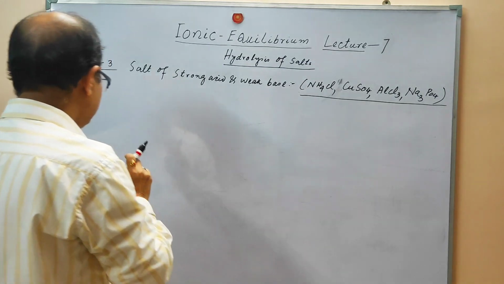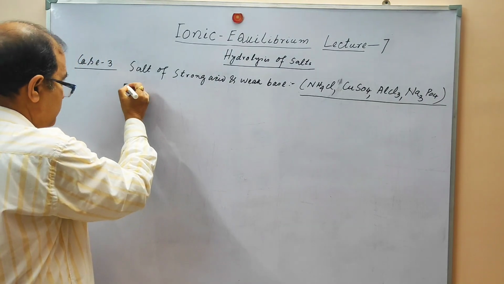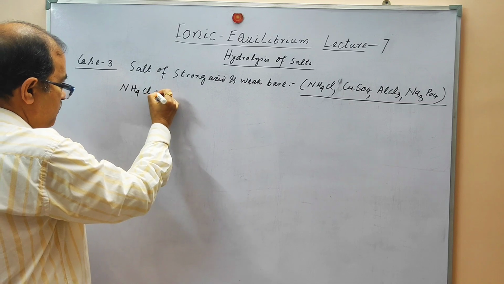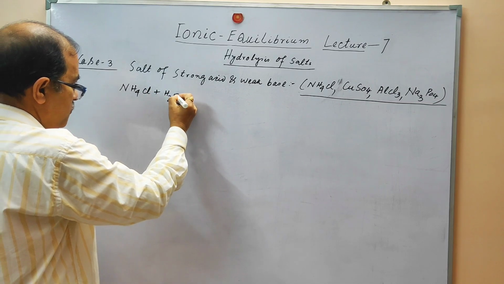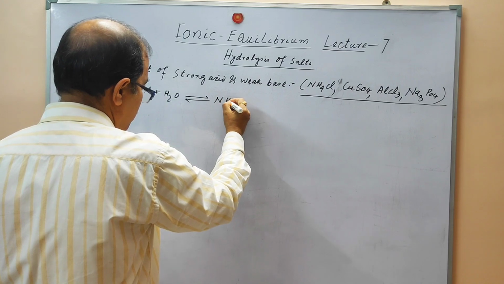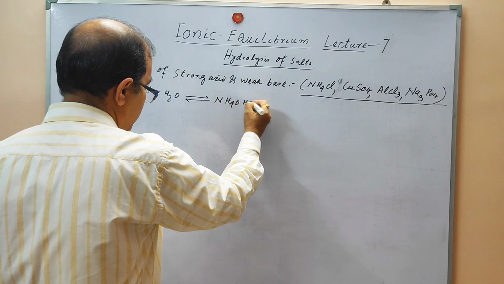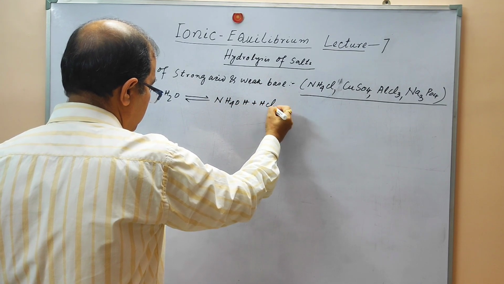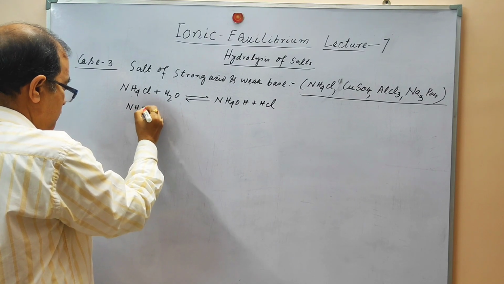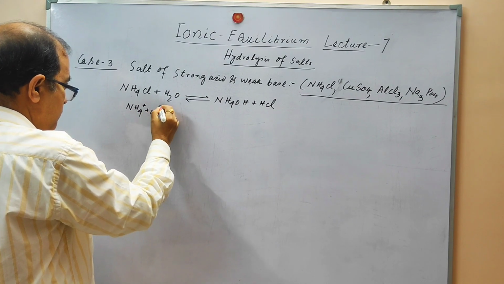Now for the hydrolysis, to understand it, we take the example of NH4Cl. NH4Cl plus H2O is going to produce NH4OH and HCl. The ionic reaction is this.